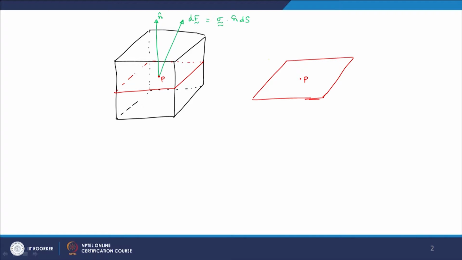Let me use a different color for that. So these are guys which are above this plane within the control volume, so they are right here, and then there are other guys which are below the plane, right here, just below it.